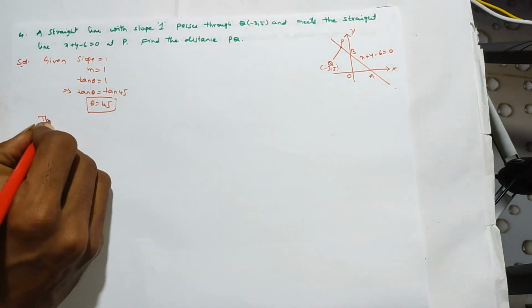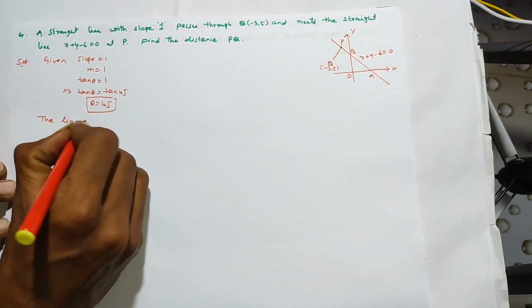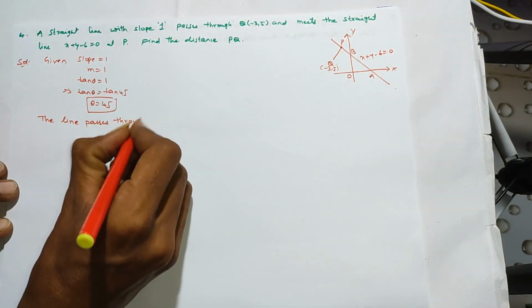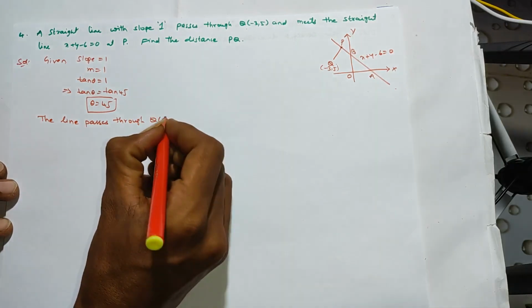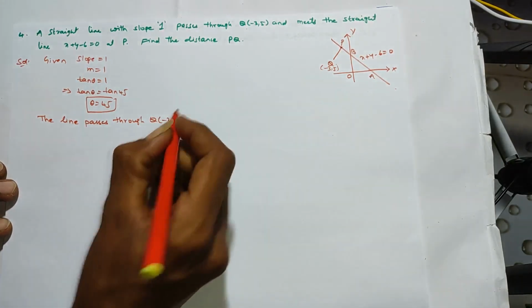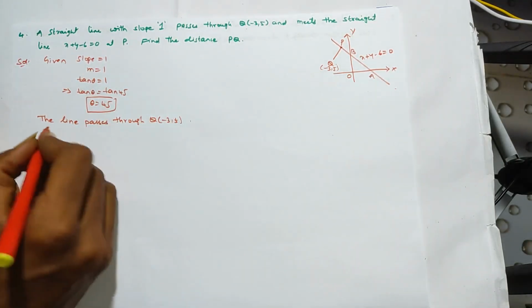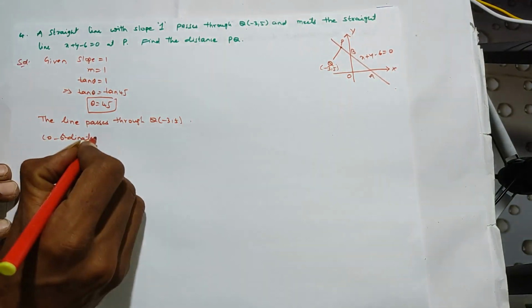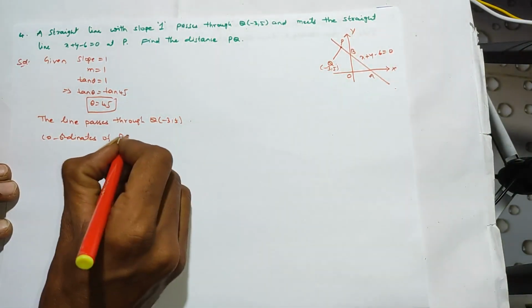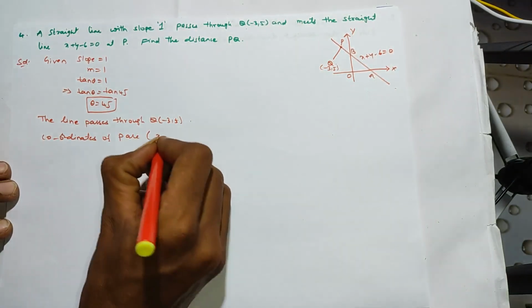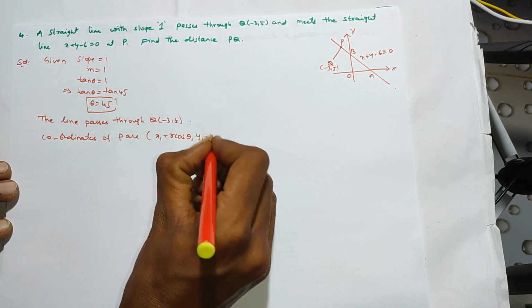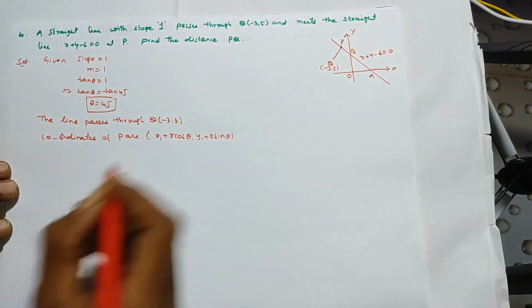See, the line passes through Q of (minus 3, 5). So the coordinates of P, the formula is x1 plus r cos theta, comma y1 plus r sin theta, right?